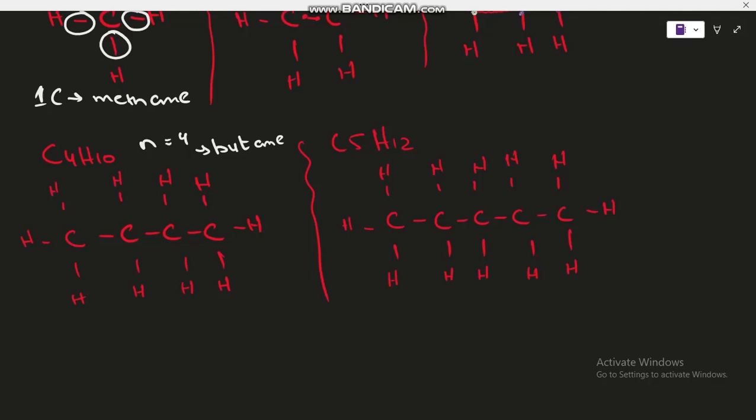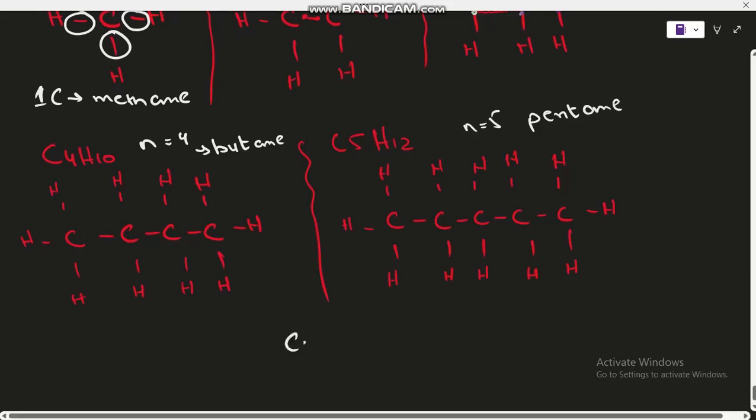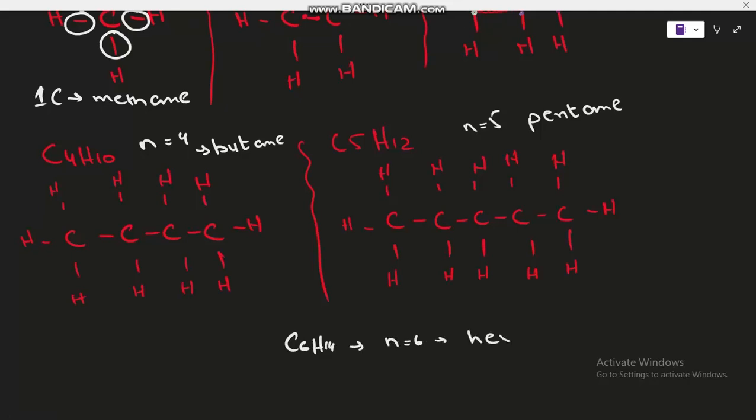Here, C5 means the number of carbon atoms is 5, which means the name is going to be pent, and since there are all single bonds again, this is going to be pentane. If we had C6H14, pretty easy again, n is equal to 6. We know that's hex by the prefix, and since this is a homologous series of alkanes, we know that this is hexane.